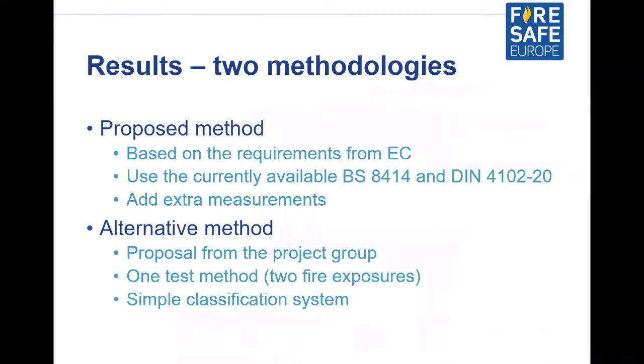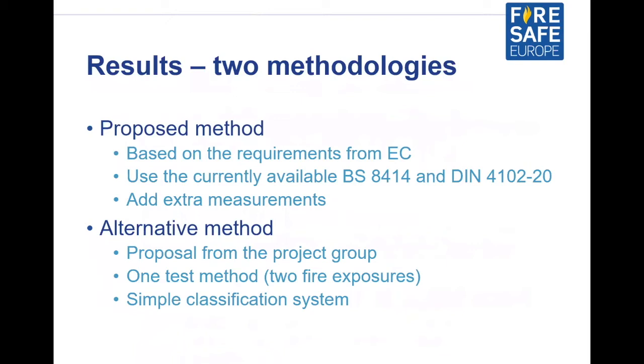So the result then was 2 different methods. One that is called the proposed method, and that is based on the requirements from the European Commission. And that was a requirement that came quite late in the project. We had almost finalized the work when we were asked to make this method as well.